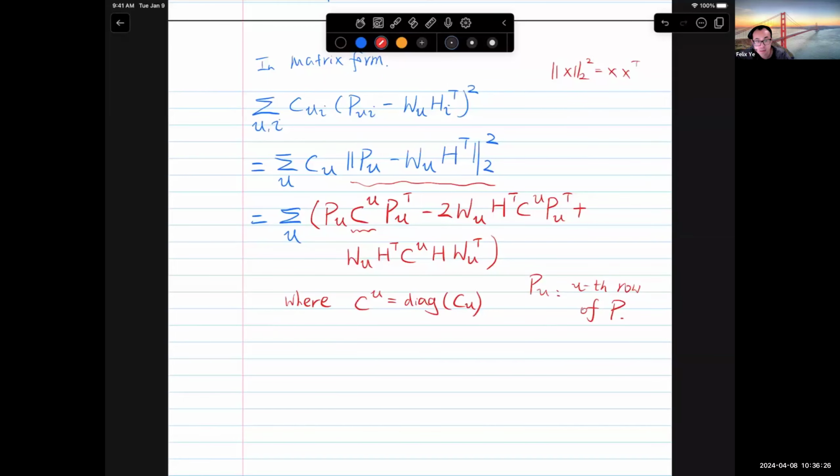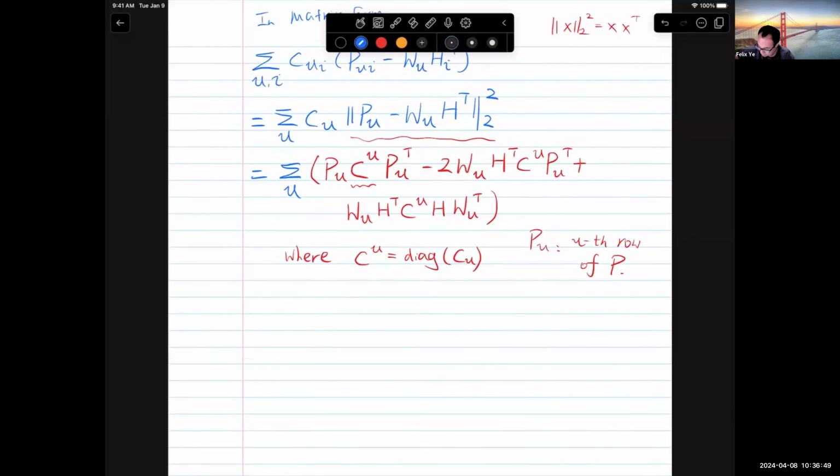And we know H is a constant right now, so we can treat everything in terms of a constant. And CU is also a constant because this is already given. The only thing that is varying is my WU here, right? So here is what I'm going to do.